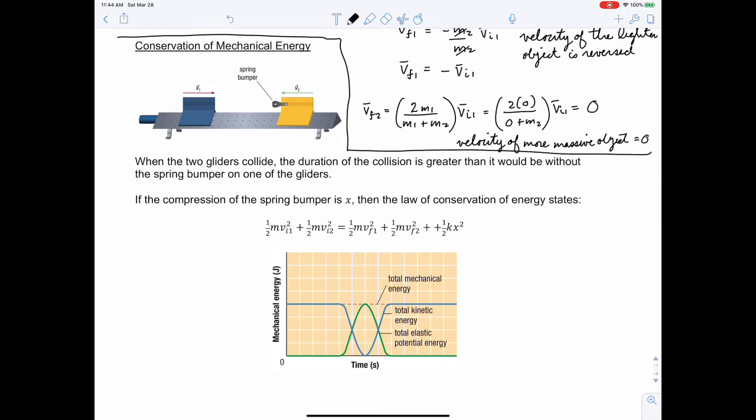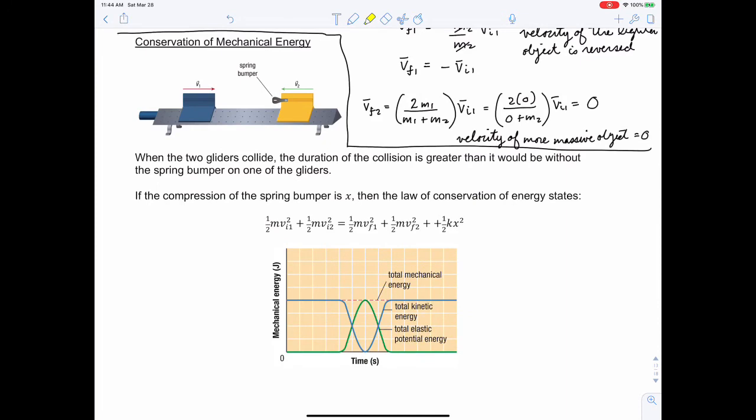So during the energy transformation, there will be a component of the energy transformation that is converted into elastic potential energy. When two gliders collide, the duration of the collision is greater than it would be without the spring bumper on one of the gliders. And if the compression of the spring bumper is x, then the law of conservation of energy states, and let me go through this, highlighting each of the terms so you know where they come from and what they mean.